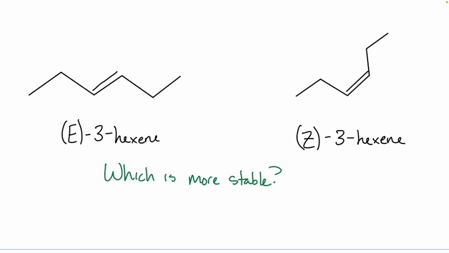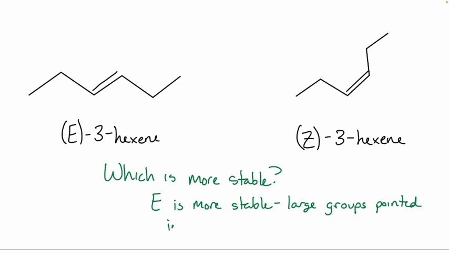Yes, so the E. Same principle we've used a lot: big groups do not like to be near one another. They would much rather be pointed on opposite sides of that double bond than forced onto the same side. So our E is more stable because we have large groups pointed in opposite directions.